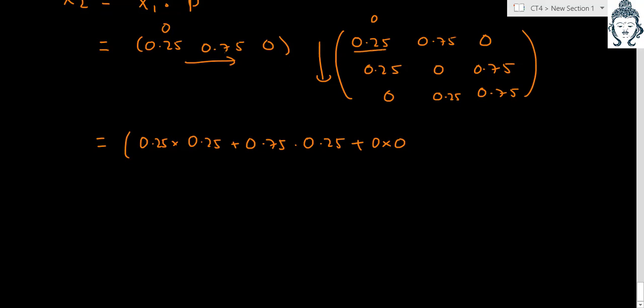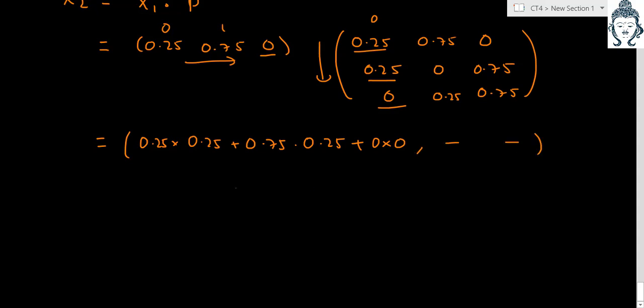If I'm in state 1, the probability that I'll come back to state 0 would be this, right? So I'm just multiplying these two probabilities for getting my probability of being in state 0. And if I'm in state 2, my probability of coming back to state 0 would be this, right? So these two are multiplied as well. That is the logic.